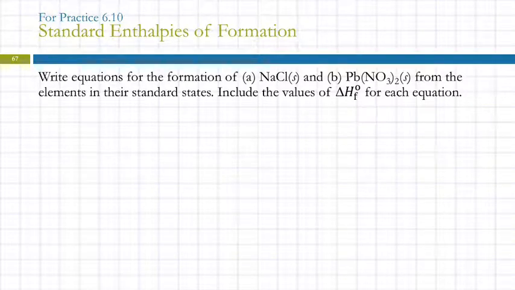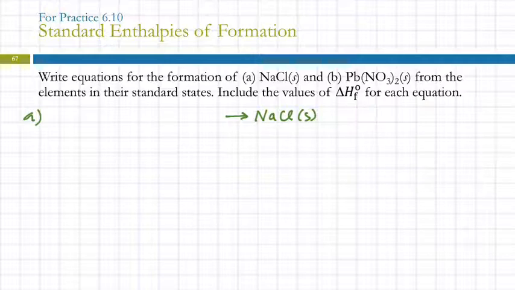Okay, write equations for the formation of sodium chloride and lead nitrate from the elements in their standard states. Include the values of delta H for each equation. So for sodium chloride, we're going to put sodium chloride as the product. It's a solid.